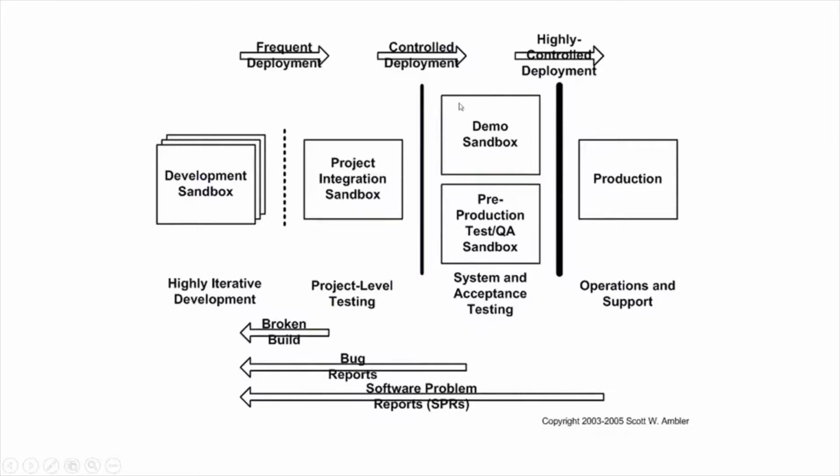Here we have more controlled deployment between the project integration sandbox and demo or UAT or pre-prod. We'd like to push only stuff that works well, at least we've done some testing in the development and project integration sandboxes, and it seems to work well.